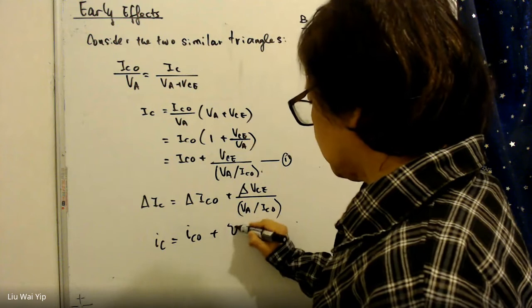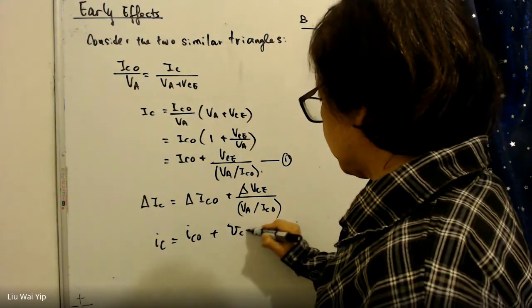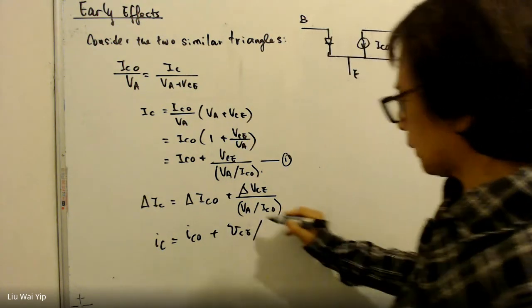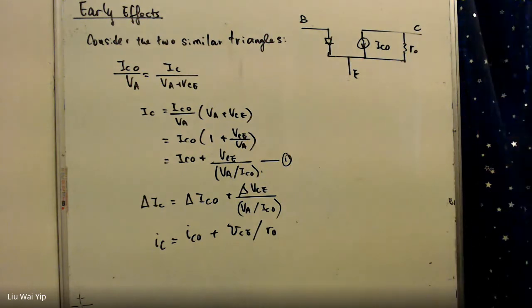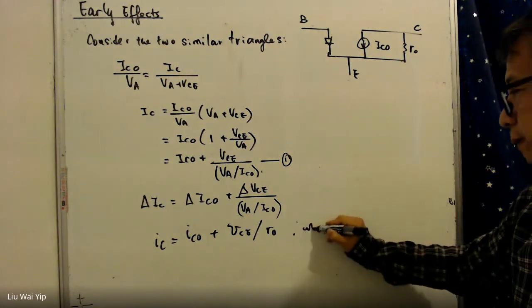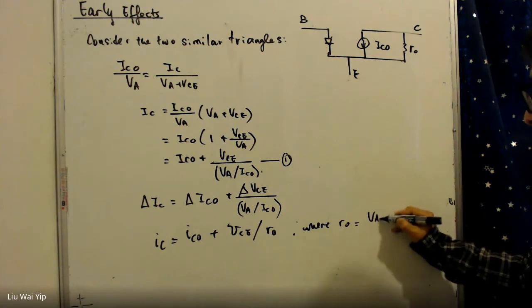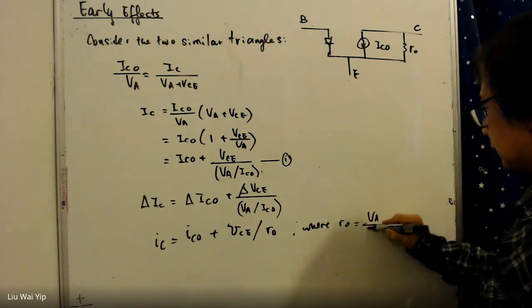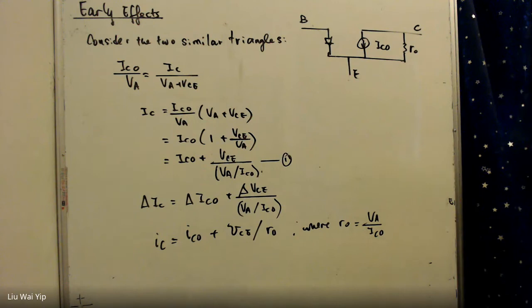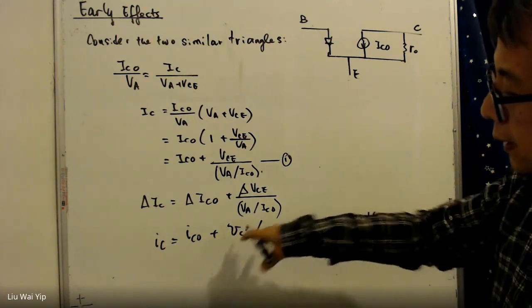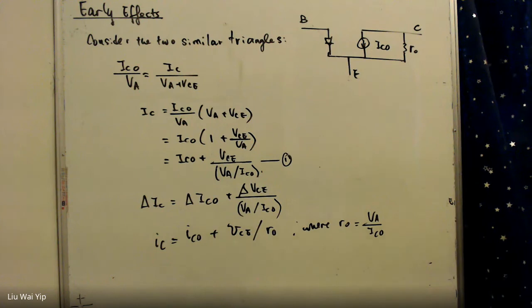And then the bottom expression should be ro. And ro is equal to VA divided by IC0. And this is the equation for building a small signal model.